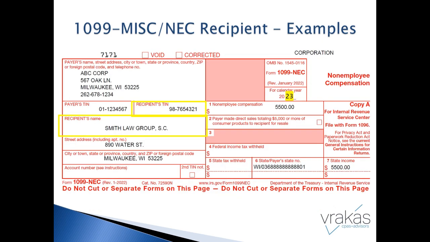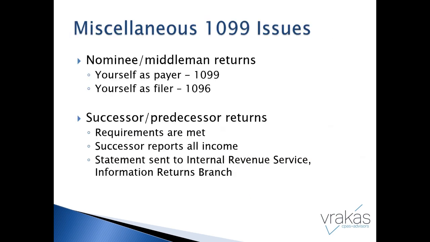A corporation, here we used a law firm because they have to get issued a 1099. It's just the law firm's name and the recipient ID number. Fairly simple. There's not too many questions there. Sometimes there's some middleman 1099s that you have to issue, where you receive a 1099 and then you have to reissue them.